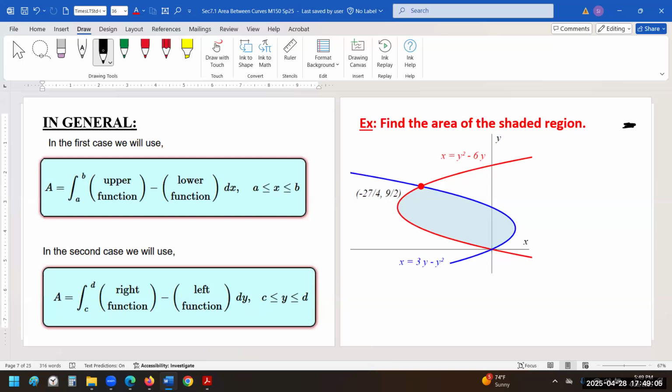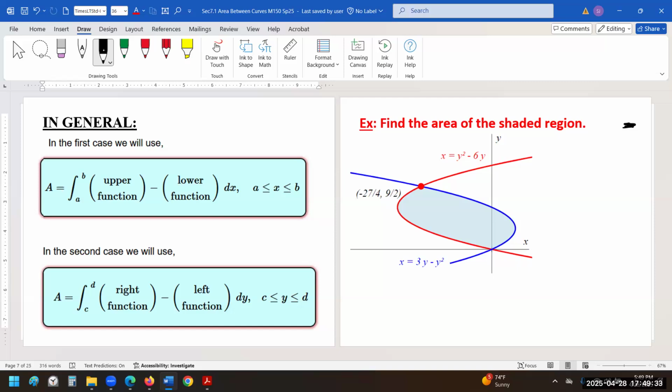Okay, so we have a scenario where they give us the picture, so we are lucky. They're telling us that we have x equals y squared minus 6y, the red function. x equals 3y minus y squared is the blue function. I actually have a hard time distinguishing blue and purple.